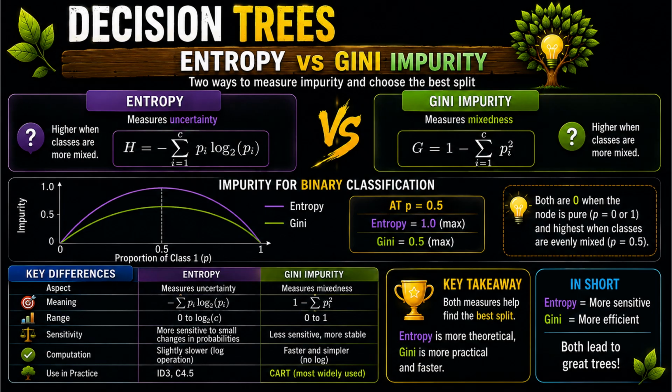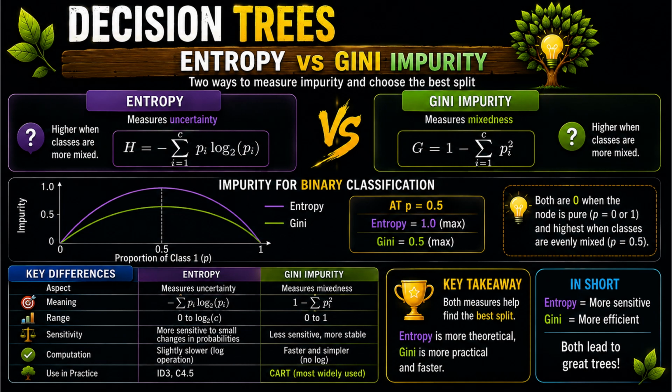Now let's compare entropy versus Gini impurity. We've already seen that both are higher when classes are more mixed. Entropy, we've seen the formula already, measures uncertainty. Gini impurity measures mixedness.